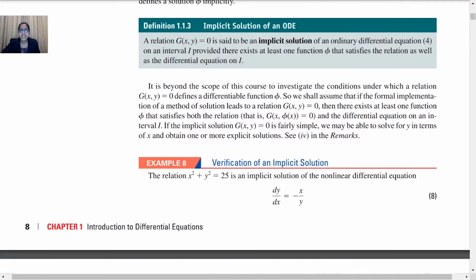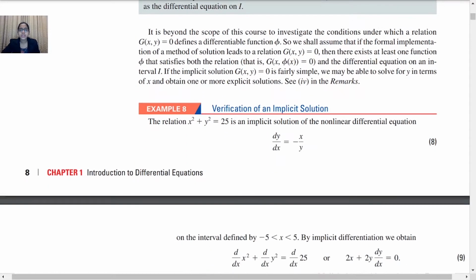So we have an example. Consider the differential equation dy/dx = -x/y. We are going to verify that x² + y² = 25 is actually a solution of this.